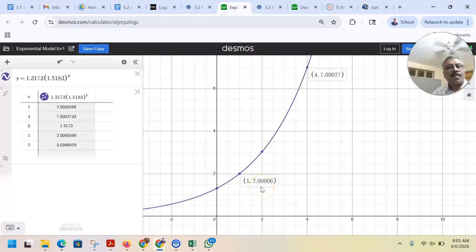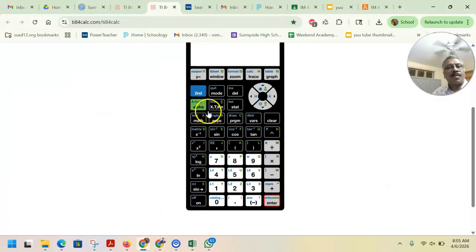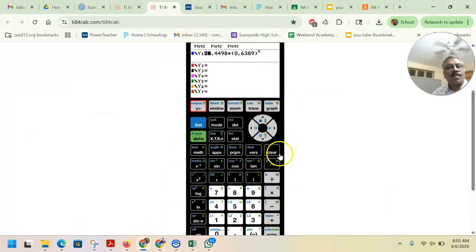So hope that helps. You can put the same thing in the calculator here also, y equals. Clear this and I can delete and put 1.3173 times 1.5183. Close it and go up and put an x, and graph.